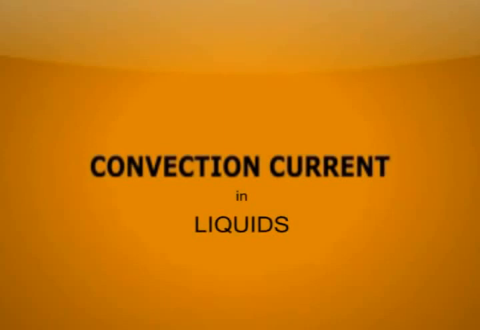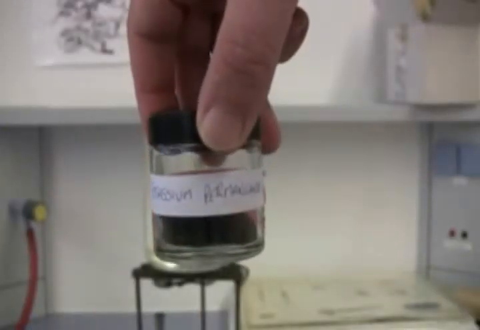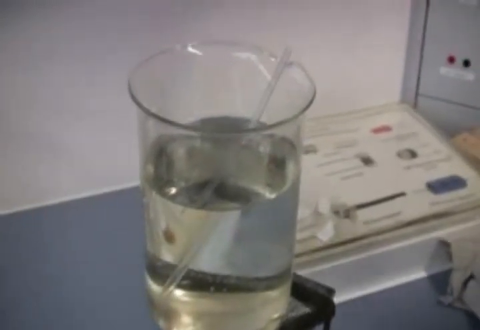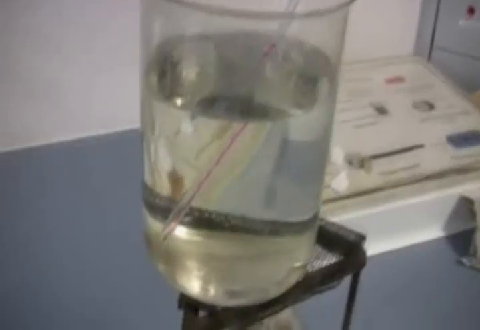So let us look at convection currents in liquids, and let's set up some experiments to see the convection currents in water. We take a beaker of water and some potassium permanganate, and guide it to the bottom of the beaker. We then heat the beaker at one corner.